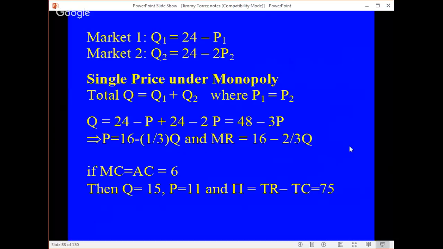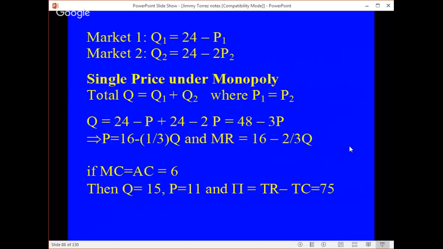And of course, I can plug 15 into my total revenue. And my average cost times Q, 6 times 15, gives my total cost, and I get a profit of 75 as a single price monopolist.